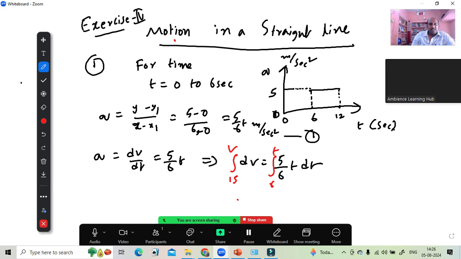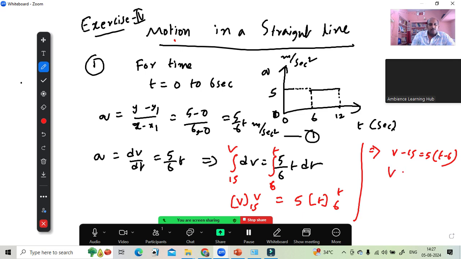By applying this, we get v minus 15 is equal to 5 into t minus 6. V is equal to 5t minus 15. So this is of the form y is equal to mx plus c, which is the equation of a straight line.